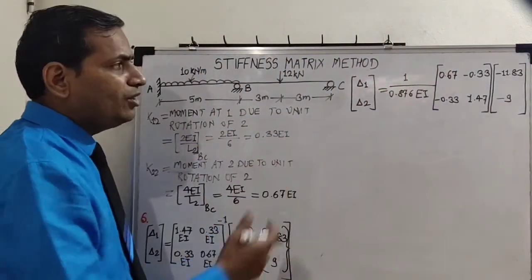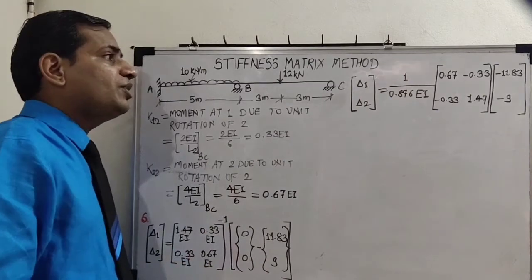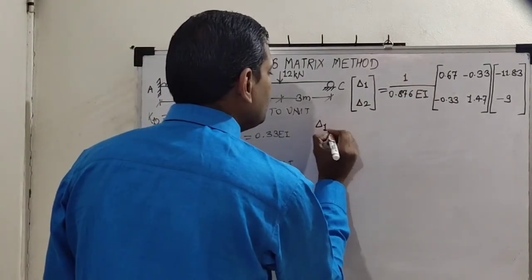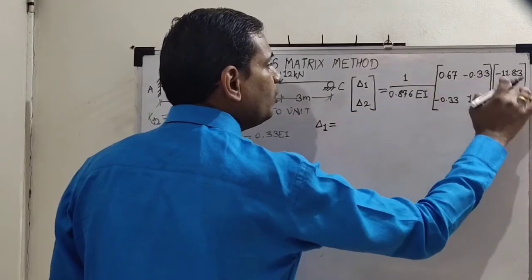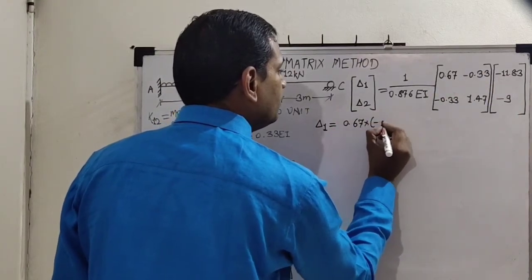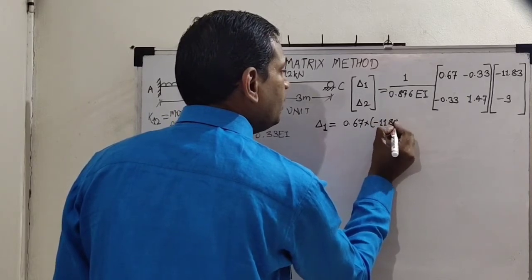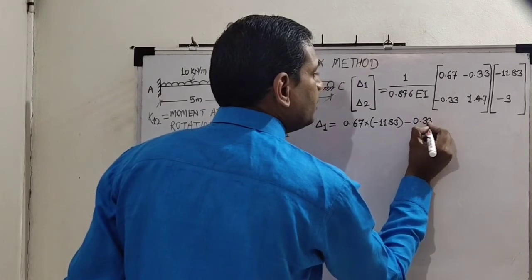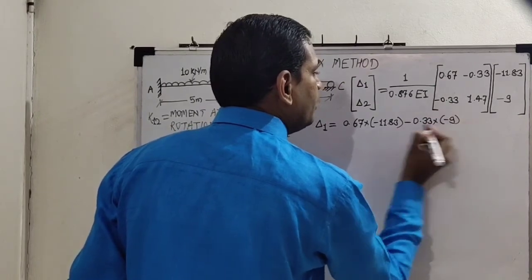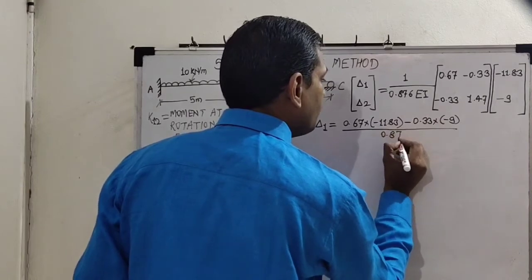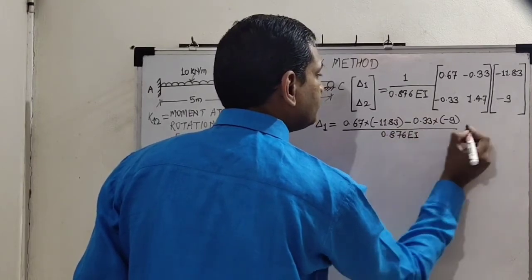Now we will find the unknowns using multiplication and division of matrices. So delta 1, what will be delta 1? Row into column. 0.67 into minus 11.83, then minus 0.33 into minus 9, totally divided by 0.876EI.